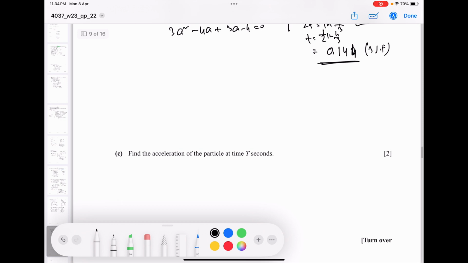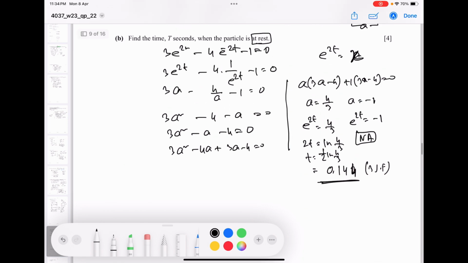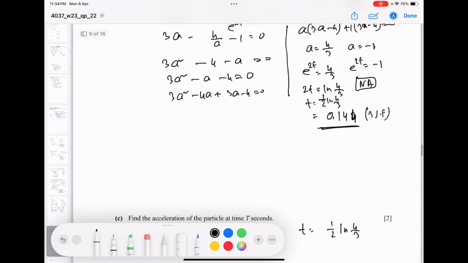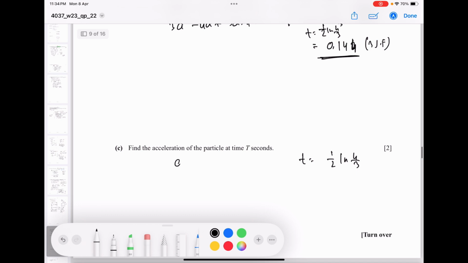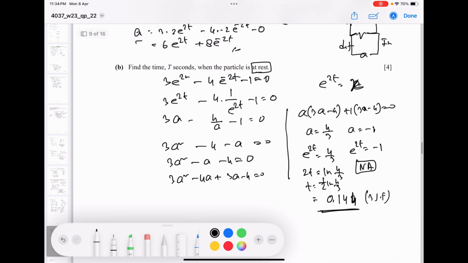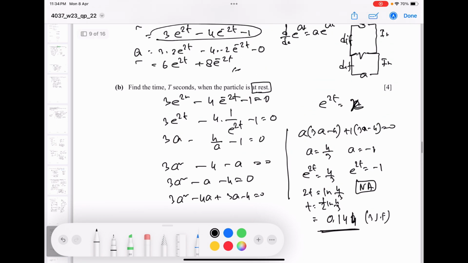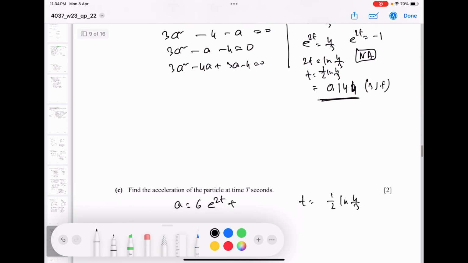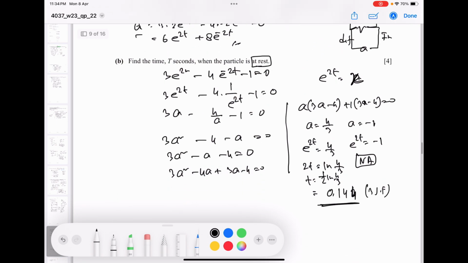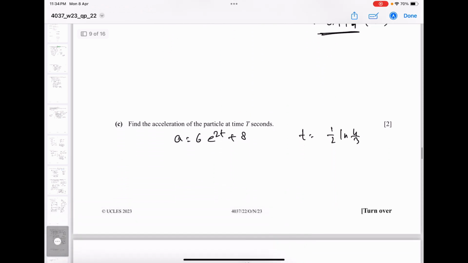We have got t equals half ln 4 by 3, and acceleration is 6e^(2t) plus 8e^(-2t).